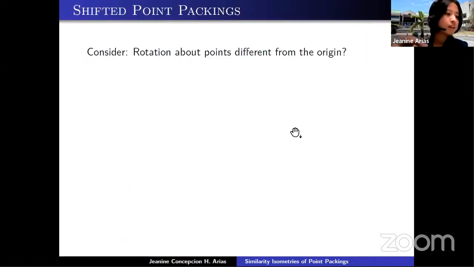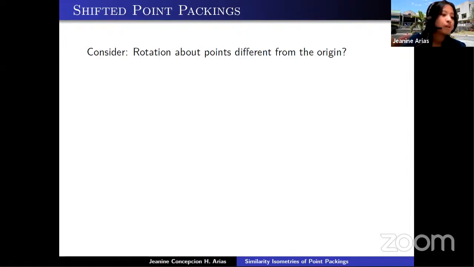For the last part of our discussion, let us now consider rotations about points different from the origin. Recall that what we have been doing so far is rotating point packings about the origin because, by definition of linear isometry, the origin must be fixed.